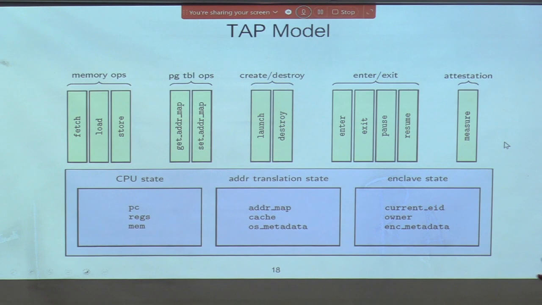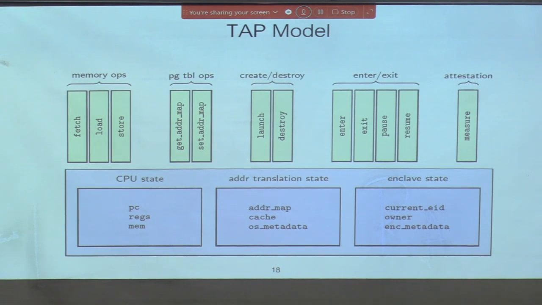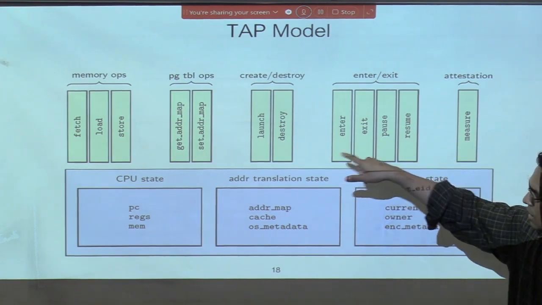Those are all the operations that we model here. So you could imagine any program as having available to it all of the standard instructions plus all of these enclave operations as well.